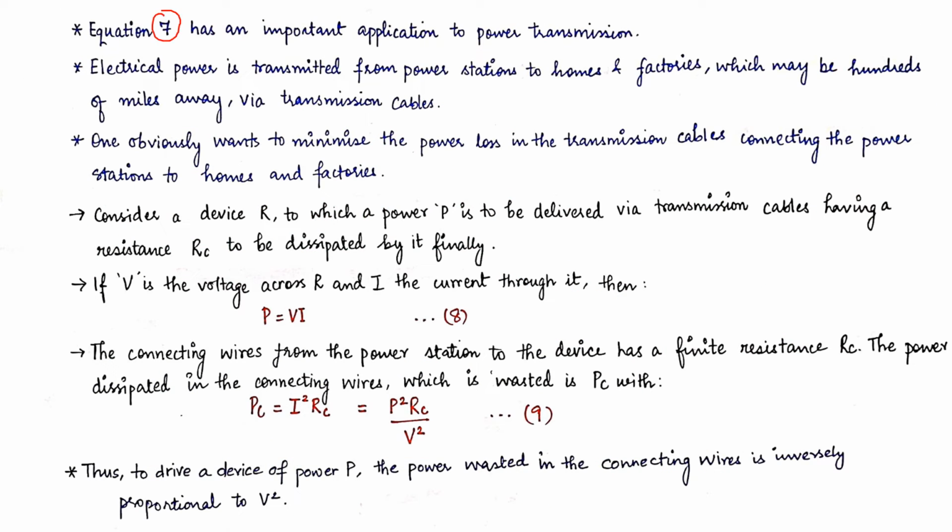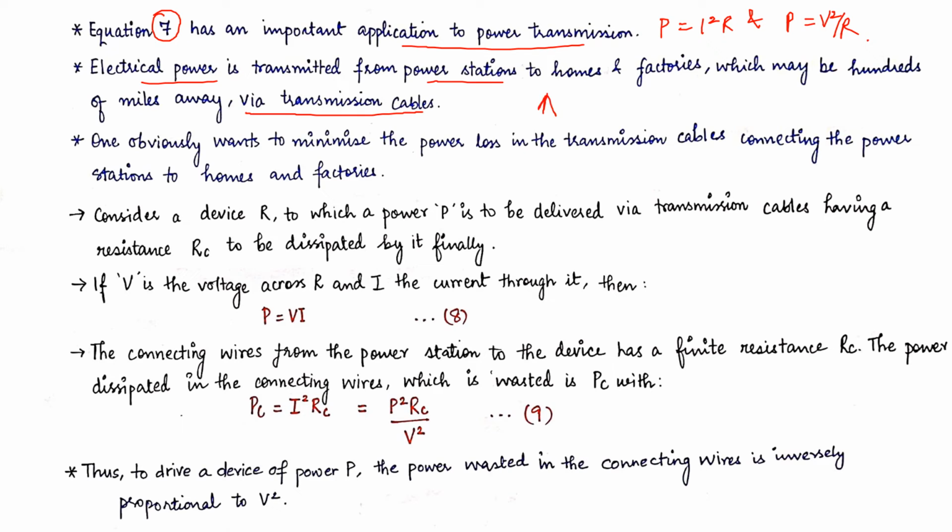Now this equation 7 has an important application in power transmission. What was equation 7? Equation 7 was P equals I square R and P equals V square upon R. Electrical power is transmitted from power stations to homes and factories, which may be hundreds of miles away, via transmission cables.